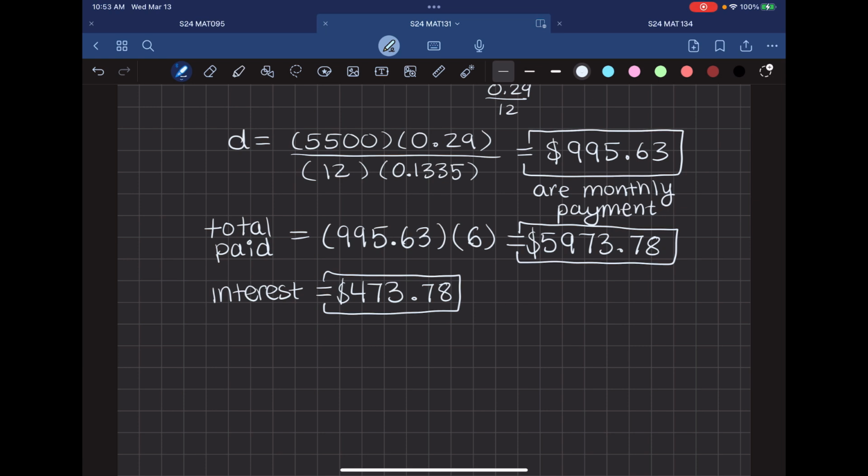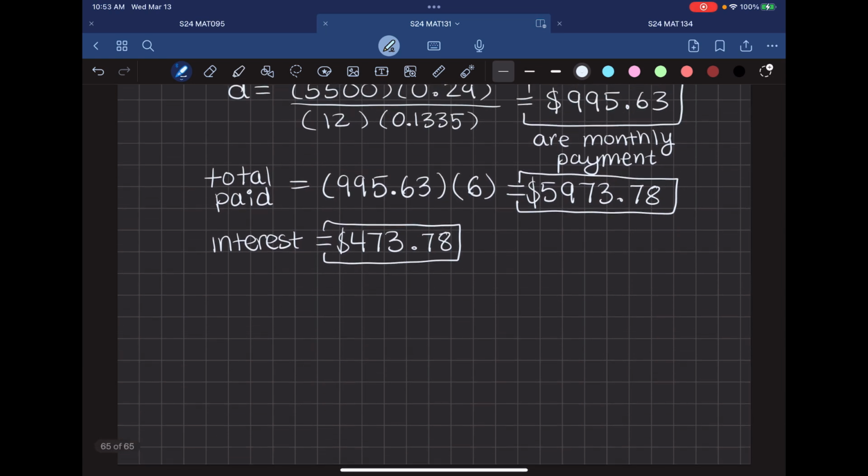Okay, so the other two examples, I would suggest that you pause the video, go and use the TVM calculator and see if you get the same results as I do.